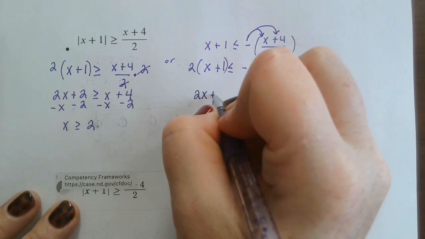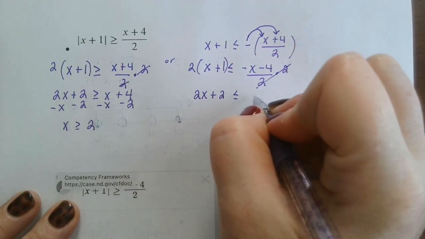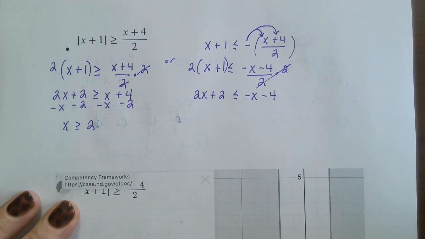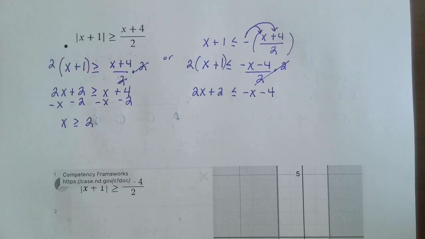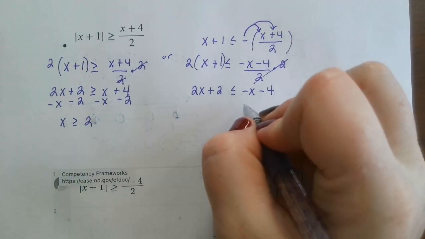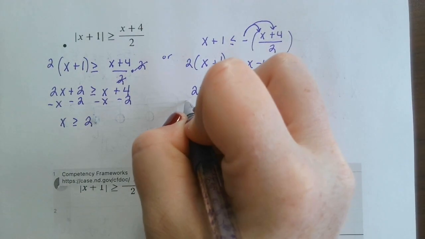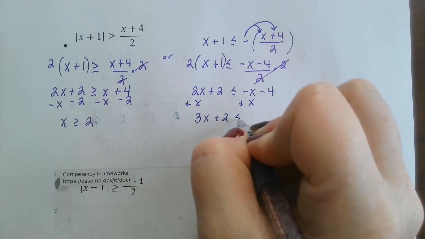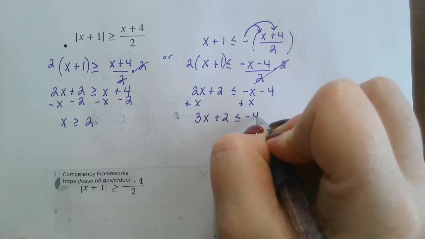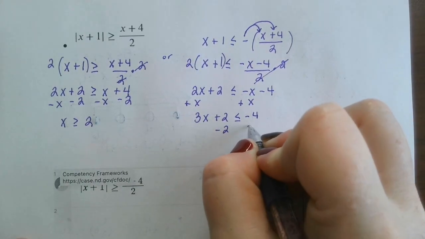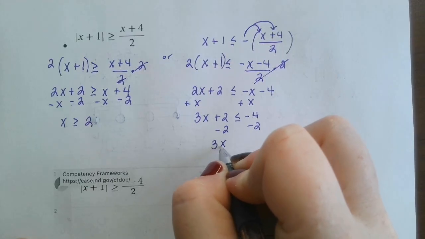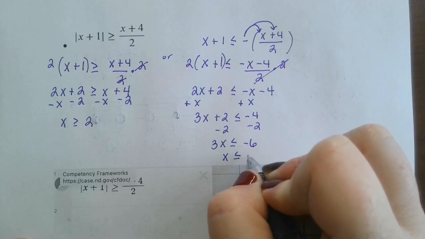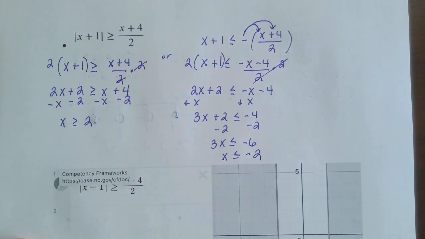Distributing, we have 2x plus 2 is less than or equal to negative x minus 4. I can add x this time, giving me 3x plus 2 is less than or equal to negative 4. Of course, subtract 2. I could have done that at the same step. 3x is less than or equal to negative 6. x is less than or equal to negative 2.